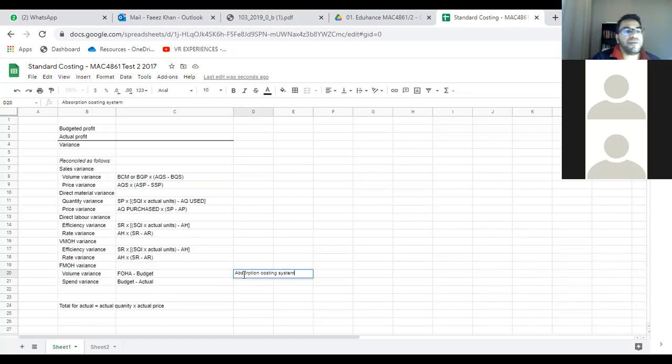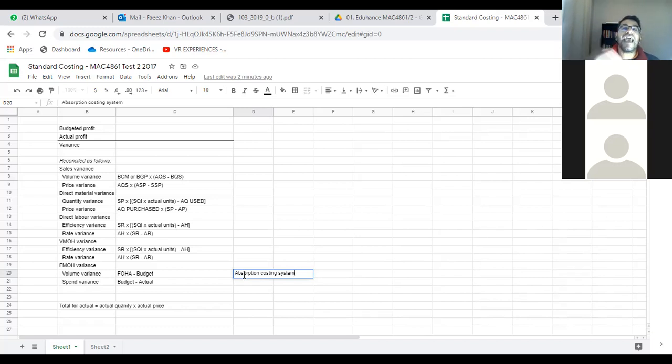If you're using the variable costing system, no matter how hard you try, you're not going to be able to calculate the volume variance. That is why I said it's important, because in this question, they said, calculate the variances in as much detail as possible. So how do you know which variances you must calculate? They are testing whether you know which variances are applicable. They're not tricking you. They just want to know whether from an understanding point of view, you know which variances are applicable when.